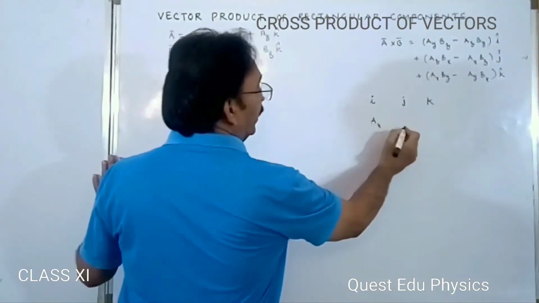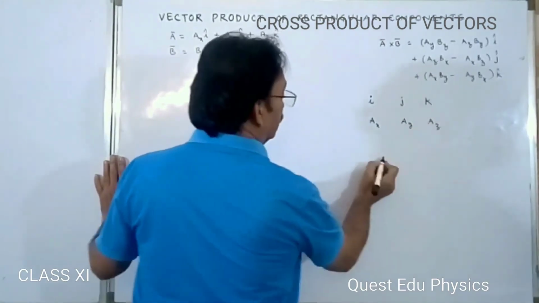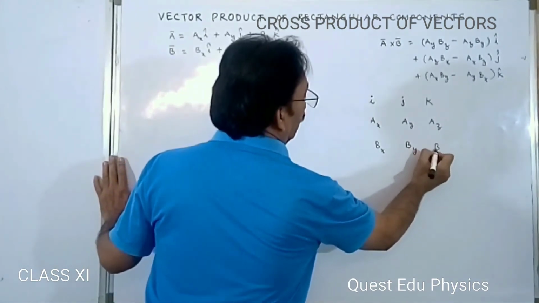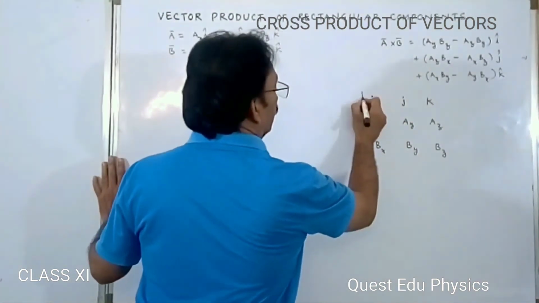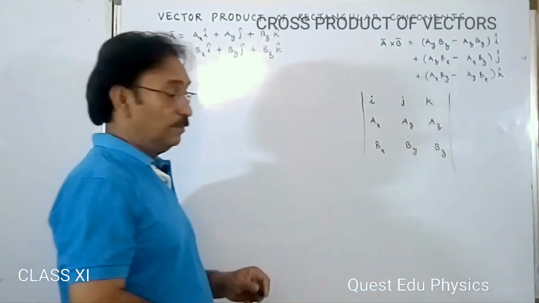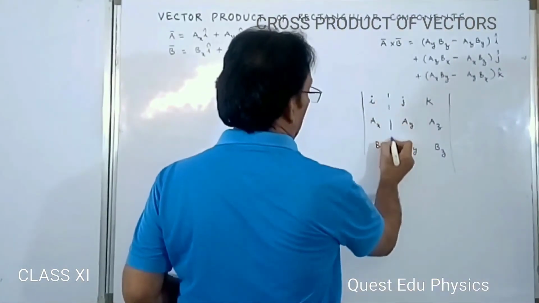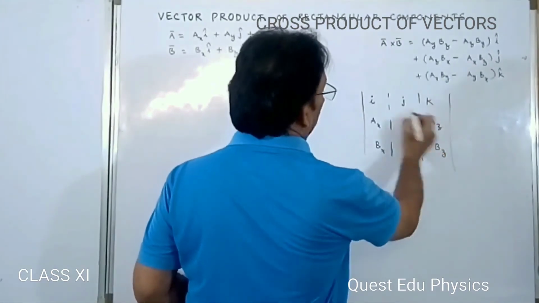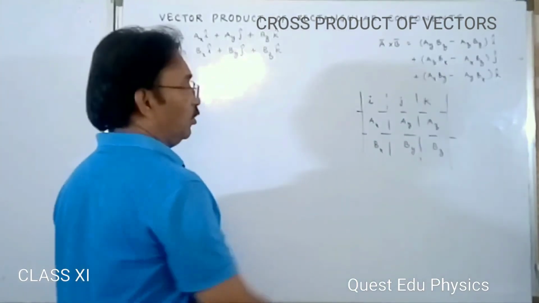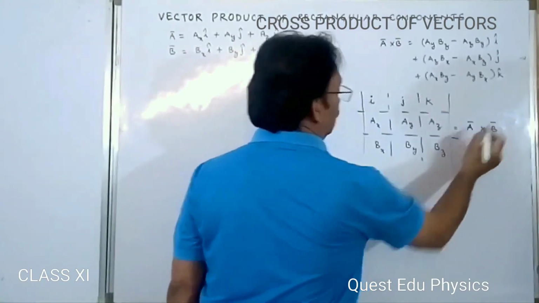I, J, K, then AX, AY, AZ, similarly BX, BY and BZ, and we have rows as well as columns. Now we have to do the vector multiplication, A bar cross B bar.